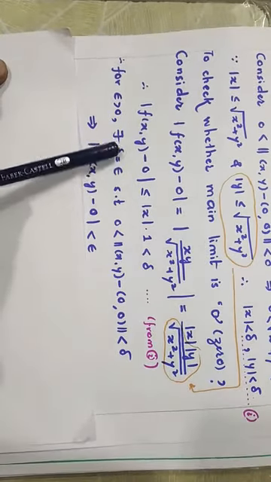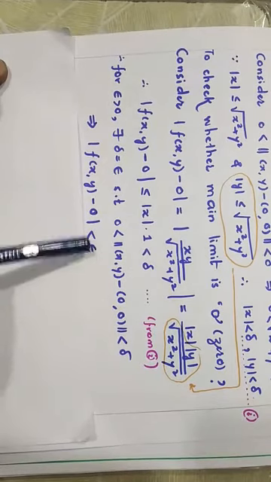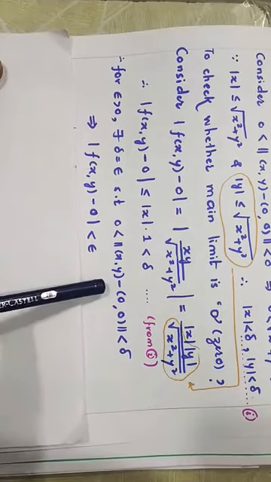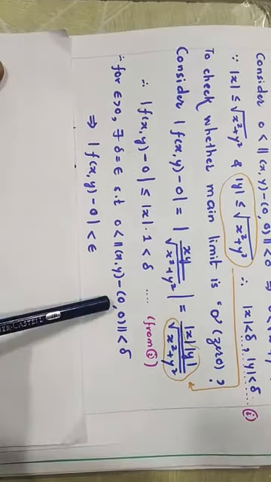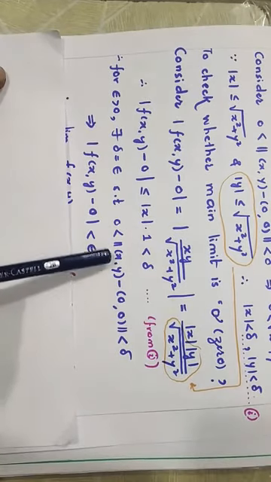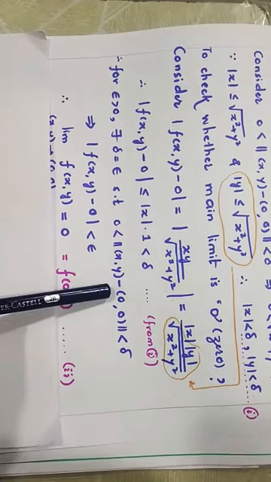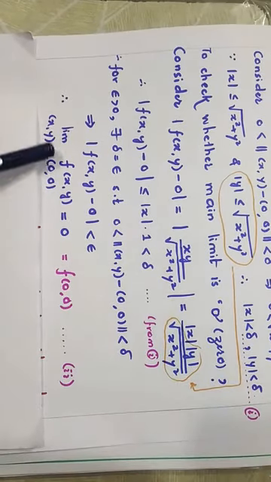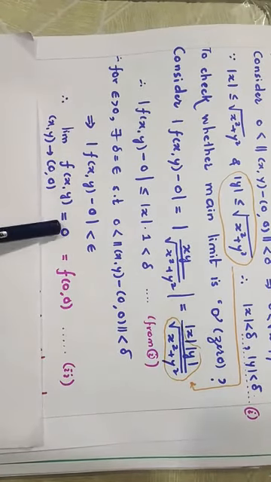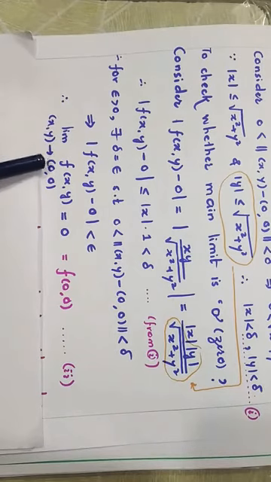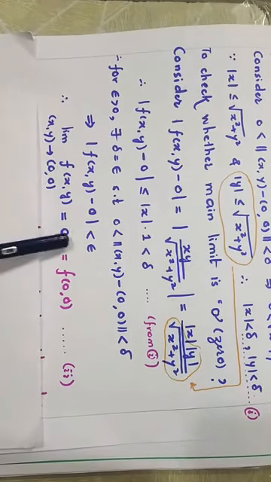But this delta is epsilon, so this is strictly less than epsilon. This is the definition of limit. It means whenever (x,y) is tending to (0,0), this function is tending to 0. So we have proved that the main limit of f(x,y) is 0 as (x,y) tends to (0,0). So this limit exists.